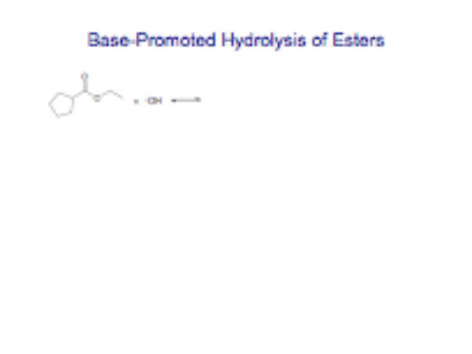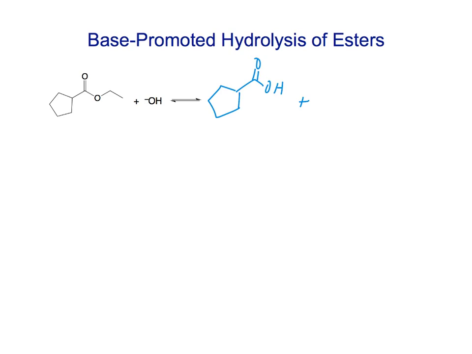And so let's draw out. I drew an example of this on Monday. So if we just draw out what the initial products would be, we'd get this carboxylic acid plus ethoxide. Okay, and what did I say happens from here? What general kind of reaction is going to take place? Acid-base reaction.